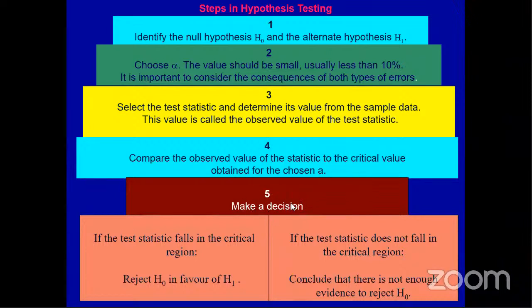The fifth step is very important. We need to make a decision, as a manager, as a statistician, as a decision maker. That is where your skills come in. What you are learning of all the statistical tools will be useful for you in this step.